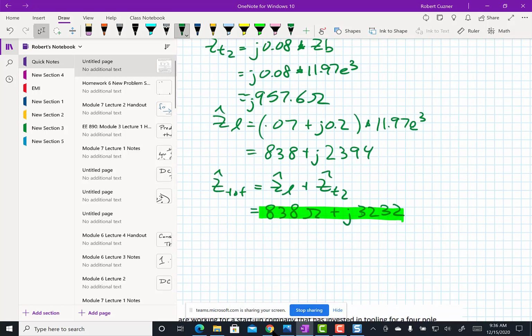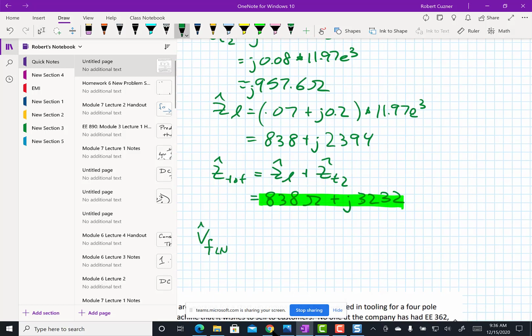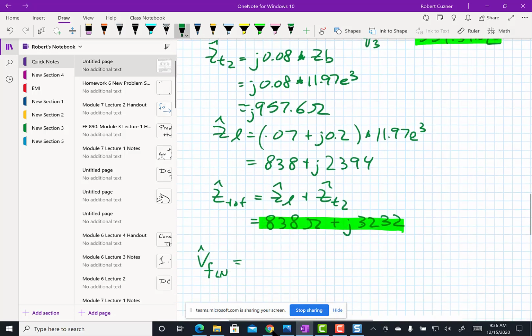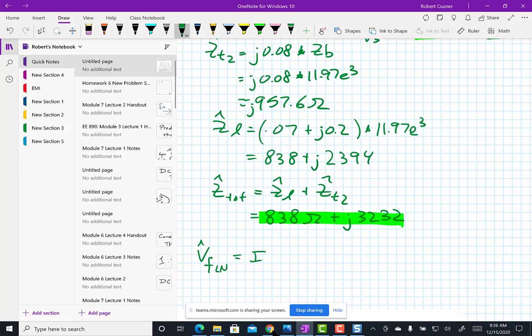Now the V at the feeder end, I'll just call it V feeder, the sending end. I'll put a little line to neutral to remind myself it's a line to neutral voltage. It's going to be the I times the Z total.